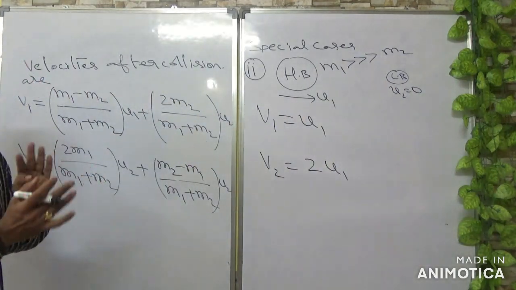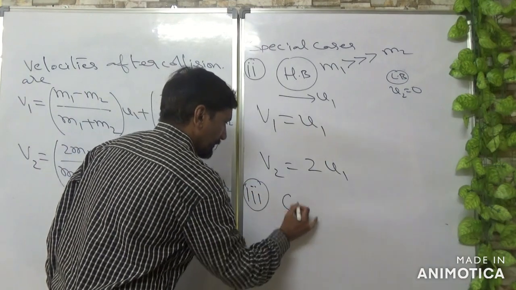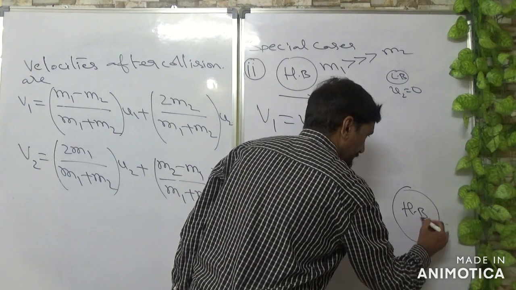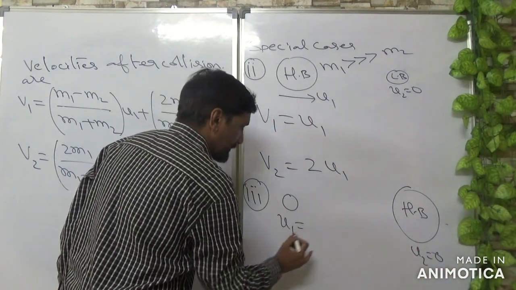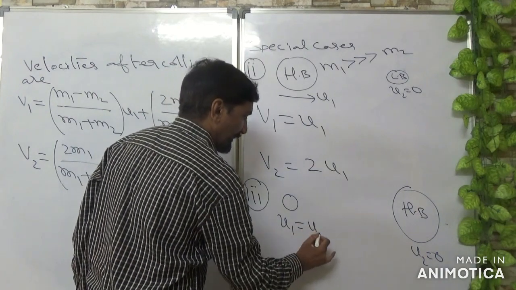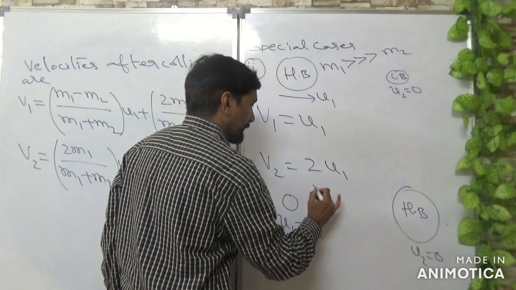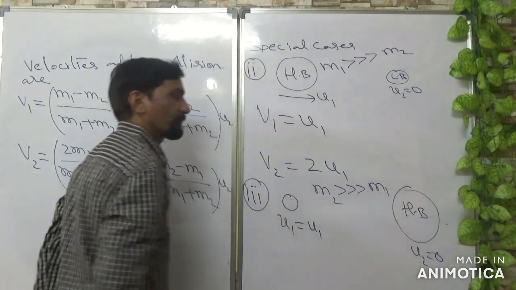Now let us reverse the situation. A lighter body and a heavier body. Heavier body at rest, lighter body is moving with a certain velocity. Here m2 is very much greater than m1.